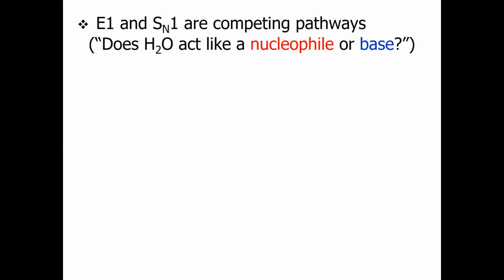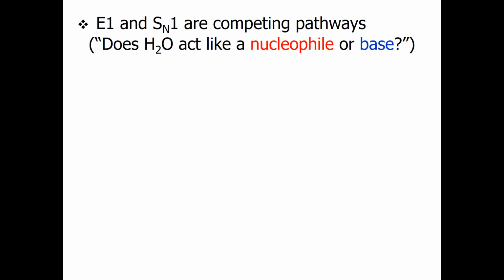So now a very important point. Let us see the competition between E1 and SN1. How can we distinguish? Both E1 and SN1 occur in tertiary alkyl halide. Now, how can we identify when E1 occurs, when SN1 occurs?